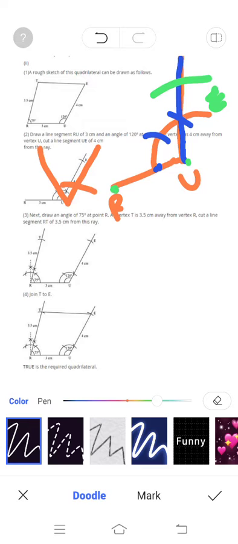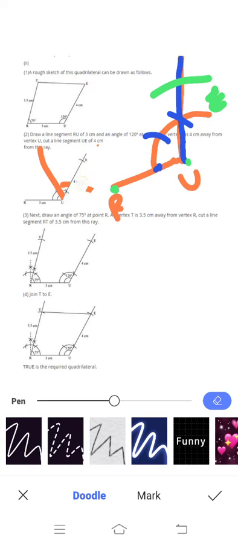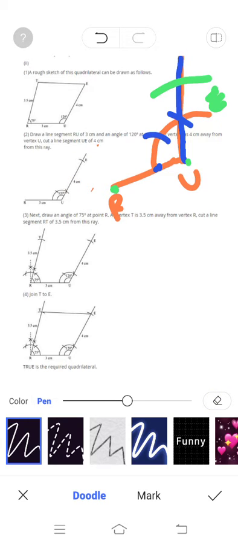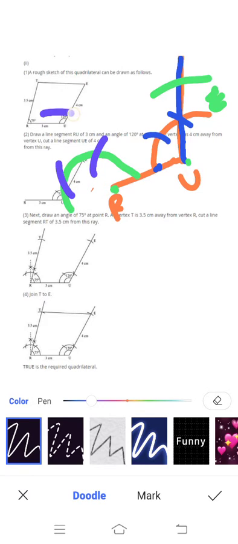First let me erase this. Okay, with R as center and any radius, draw a semicircle. Now with this intersecting point, cut two arcs. Then with those two intersecting points, join this.